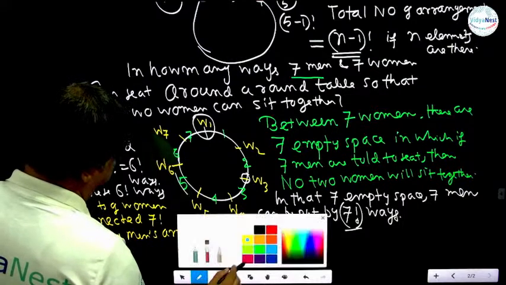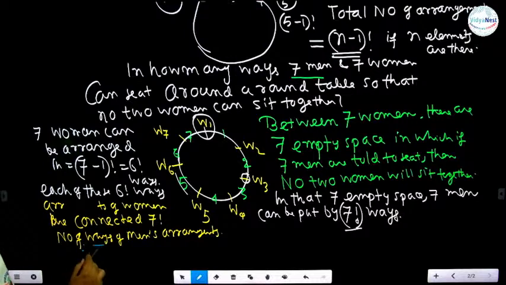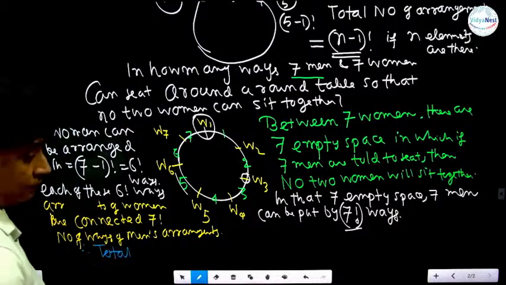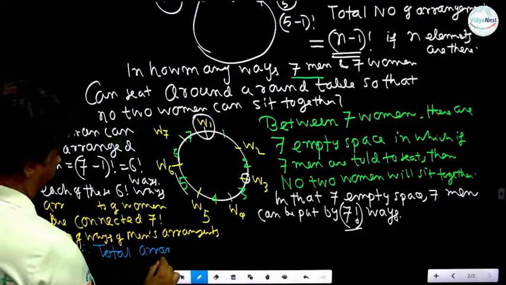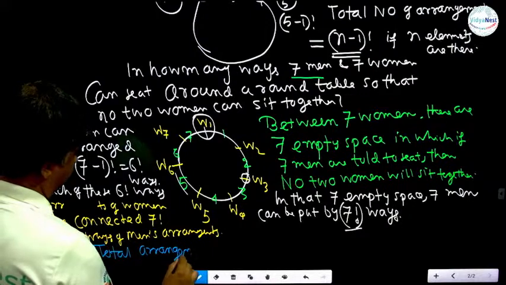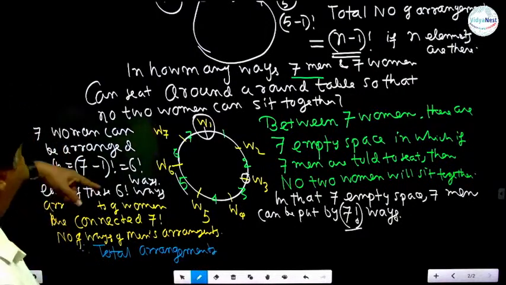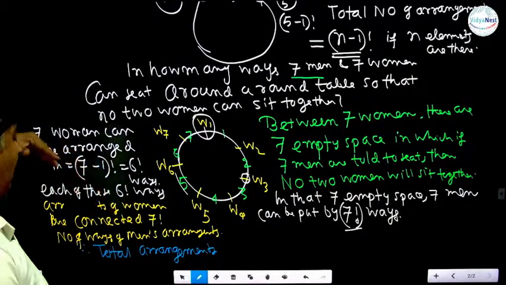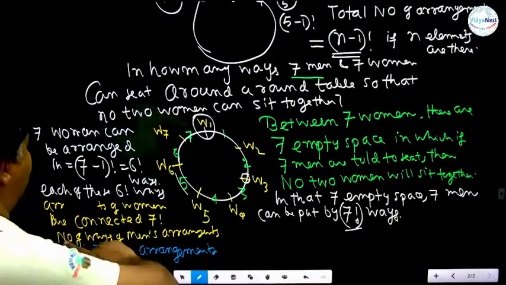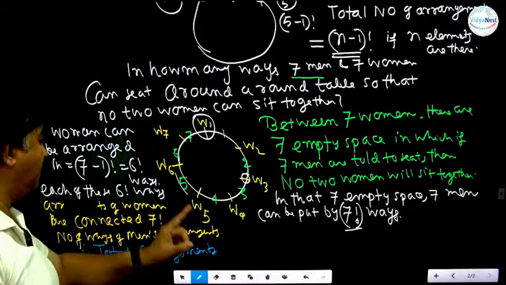So total arrangements will be, I have told you that each of these factorial 6 ways of arrangement of women has a correlation with each of factorial 7 number of ways of men's arrangement.